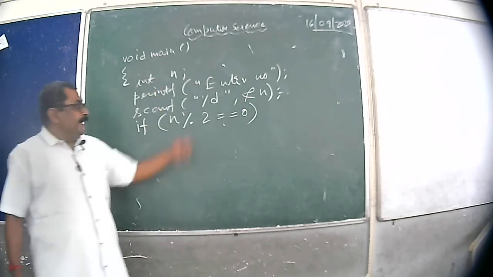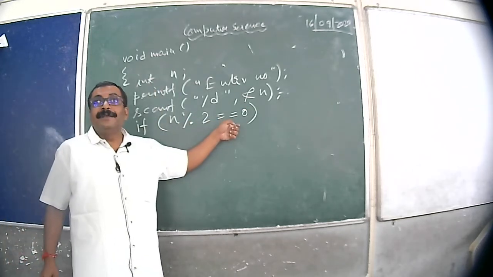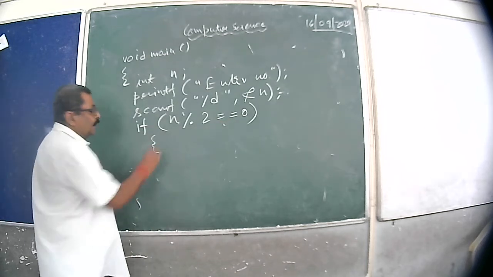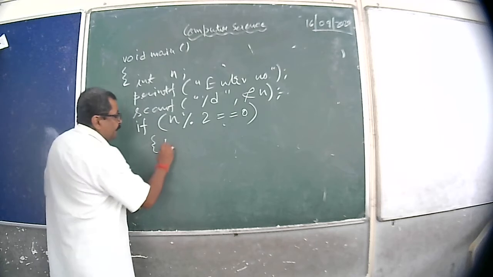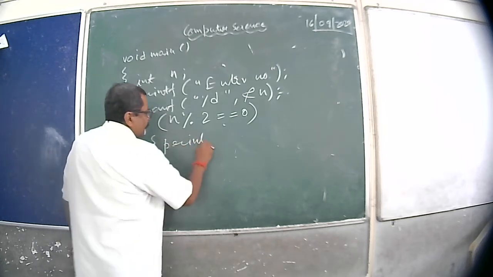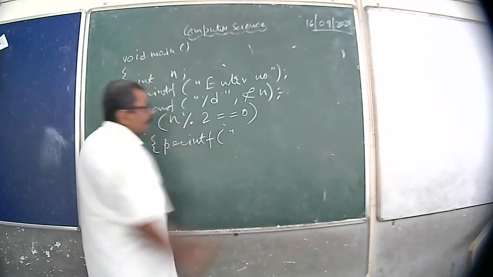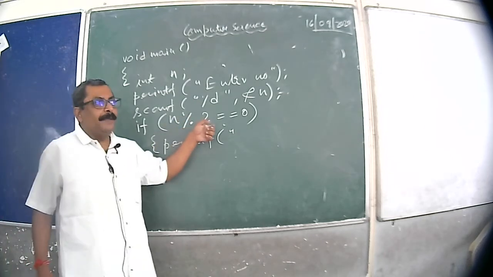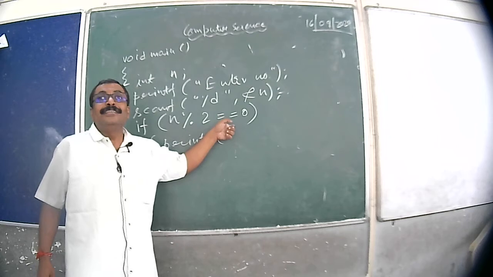Now, is equal to 0, that means the if block of the test, and here printf. What? Number is even, because after dividing by 2 the remainder is 0, that is true.